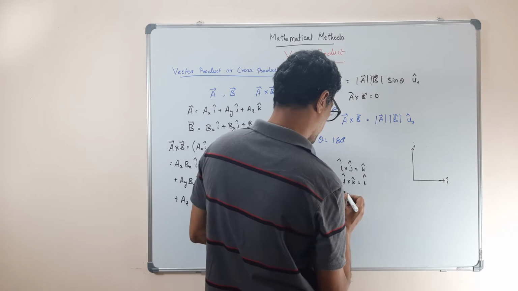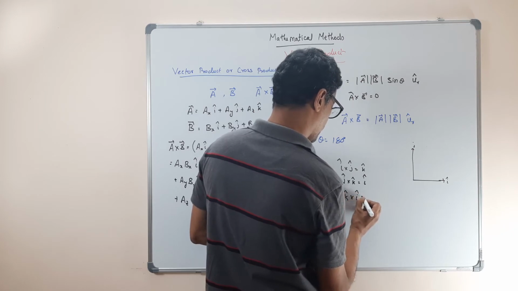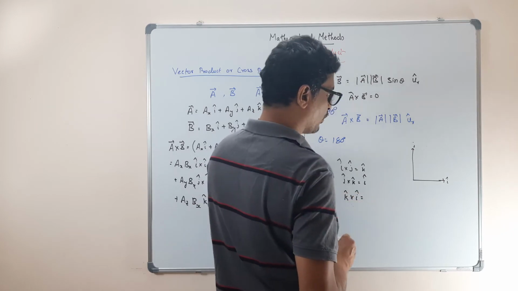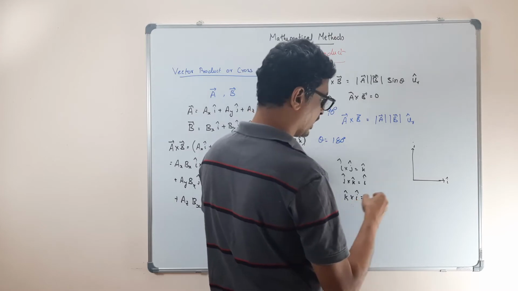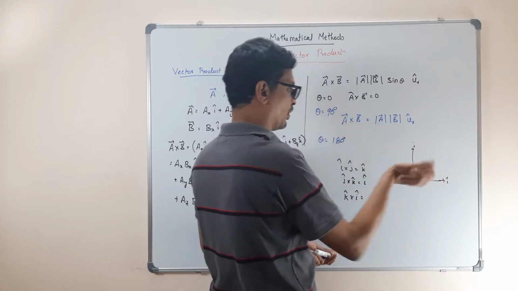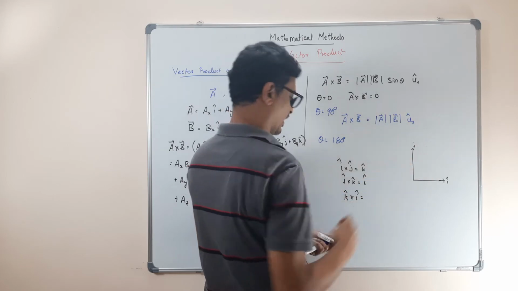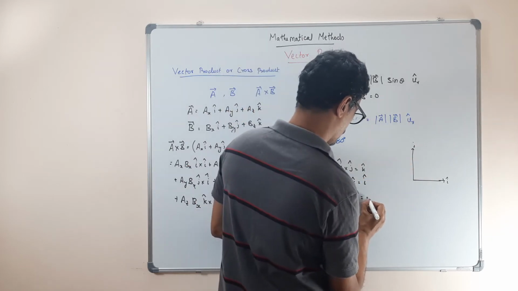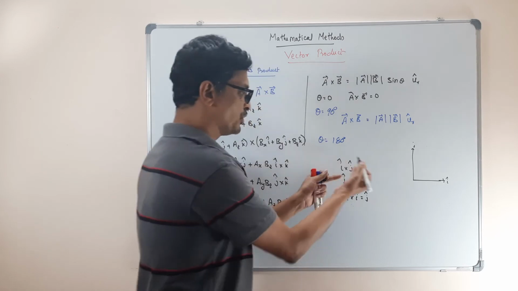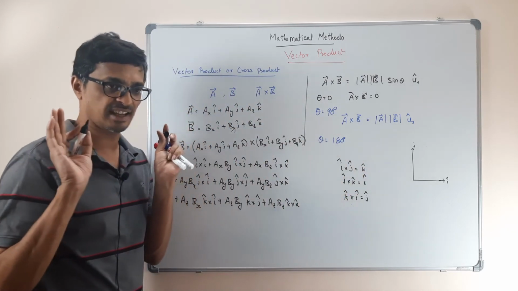K cap cross i cap is j cap, k to i. So when you make it opposite, it is going to just change the sign.